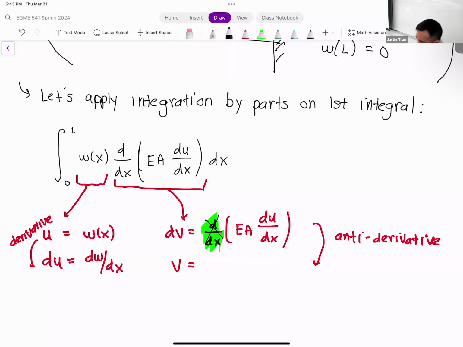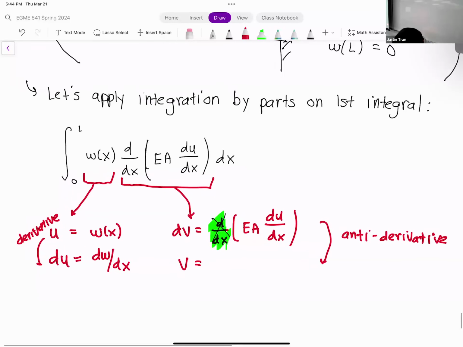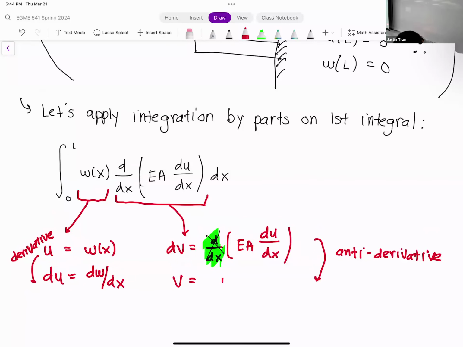And so our value for v here is just going to be whatever's inside there, so it's going to be EA du/dx.